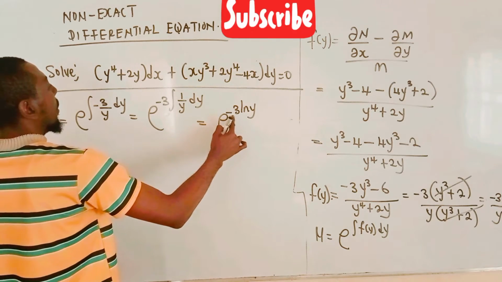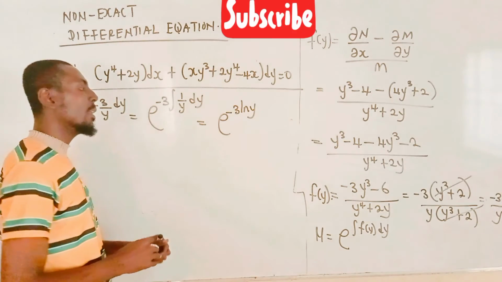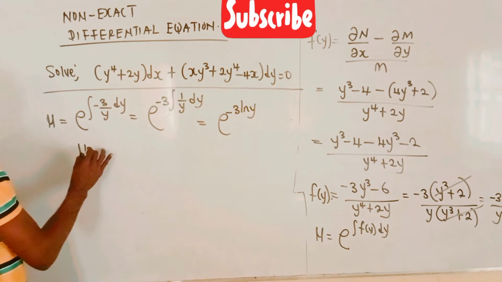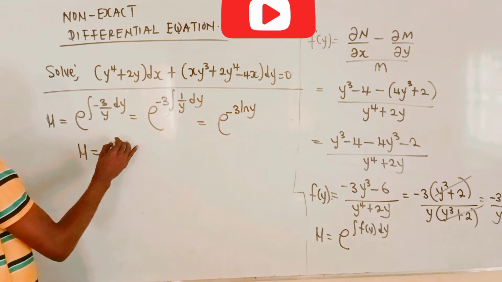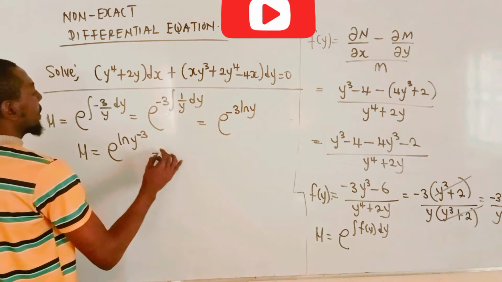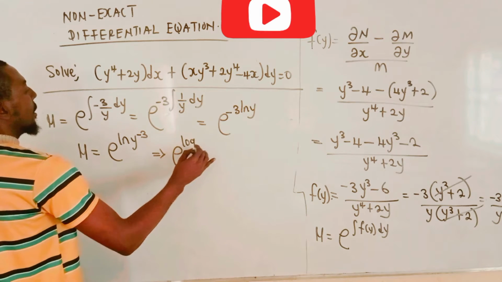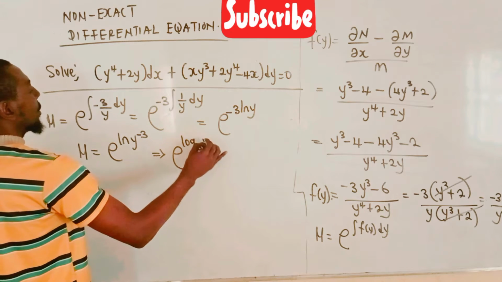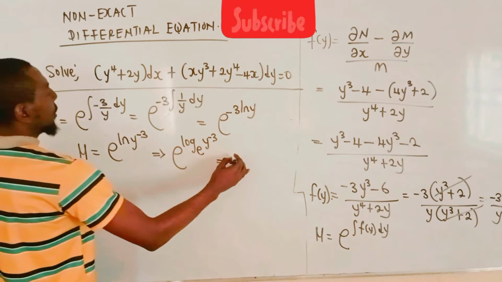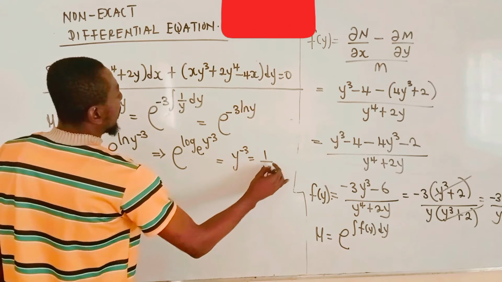So we can take this minus 3 to the front according to the law of logarithms. Then the integrating factor is equal to the exponential of ln y raised to the power minus 3, and definitely this is equal to y raised to the power minus 3, which is the same thing as 1 over y to the power 3.